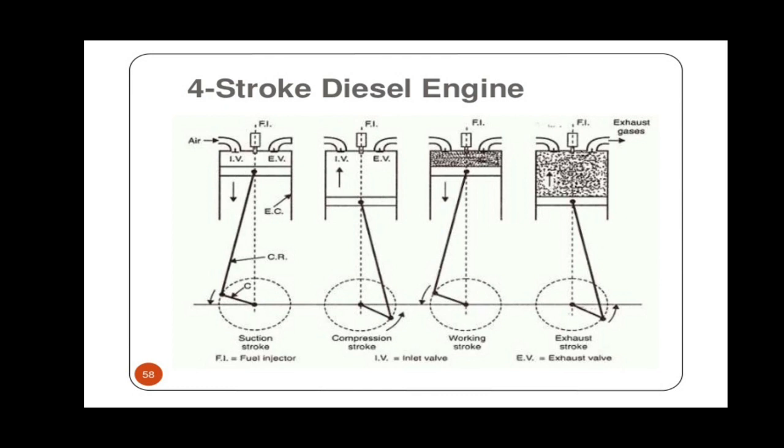And during this period of time, when the piston travels from top dead center to bottom dead center, it creates brake power at the crankshaft. Brake power at the crankshaft means the crankshaft starts to rotate very fast and very forcefully. Once the crankshaft starts to rotate forcefully, our load can move easily, according to the design, according to the capacity of that pressure, according to the capacity of that engine. During this period of time, our inlet valve and exhaust valve remain closed.